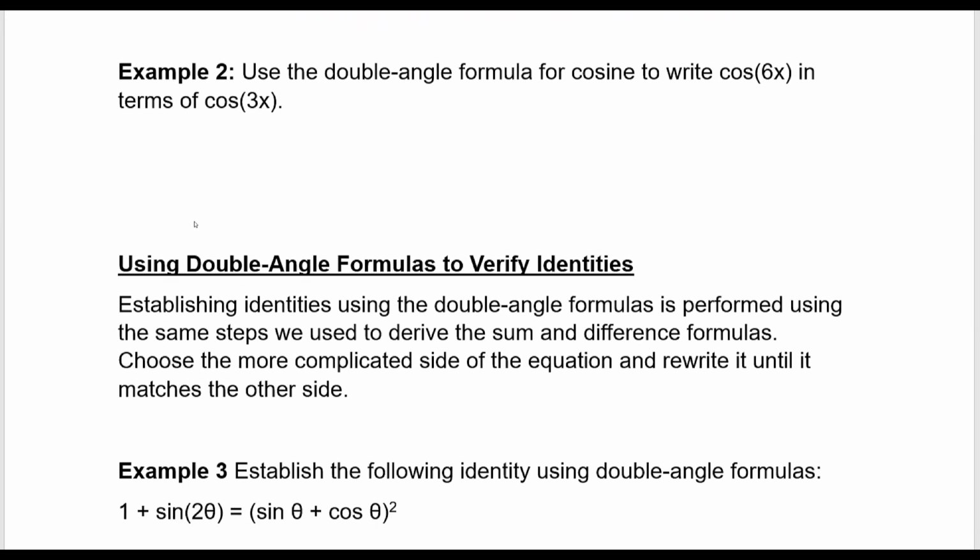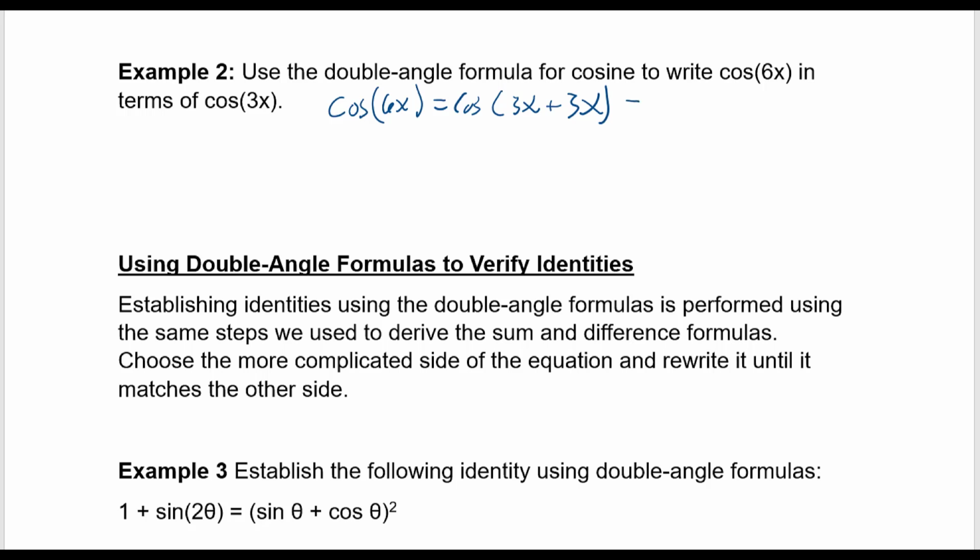Use the double angle formula for cosine to write cosine of 6x in terms of cosine of 3x. Okay, so think of cosine of 6x as cosine of 3x plus 3x, the sum of two angles.